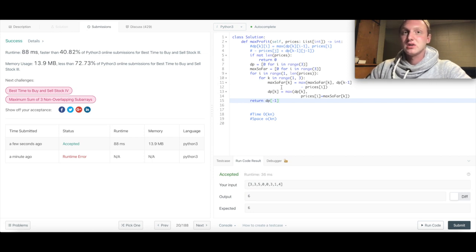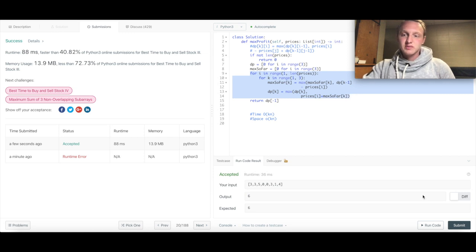Here we're going in the opposite way. We're calculating max profit for the first day for 0, 1, 2 transactions. Then we're calculating the max profit for the second day for 0, 1, and 2 transactions. And this way we're saving so much more space.